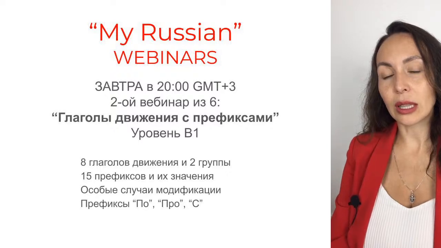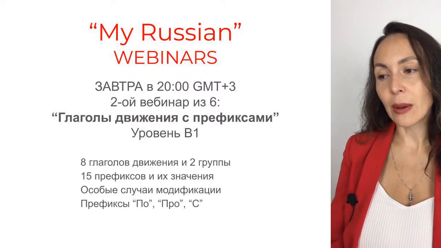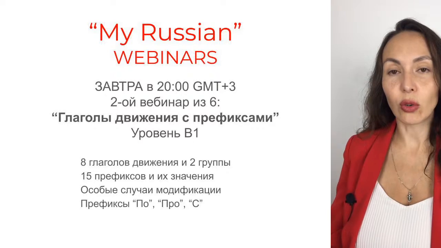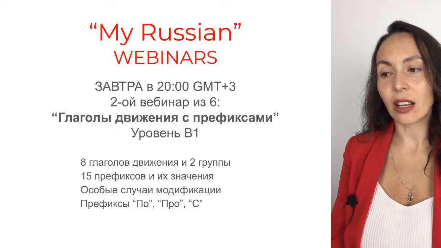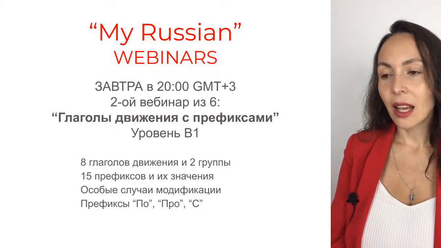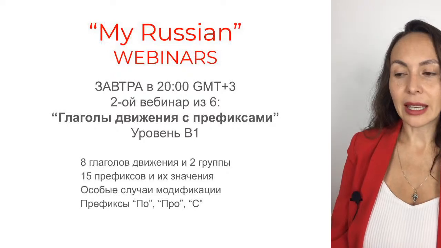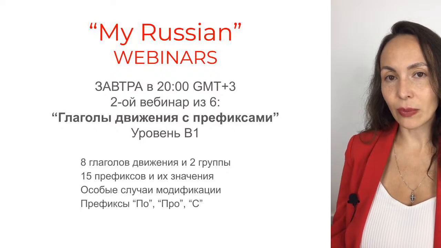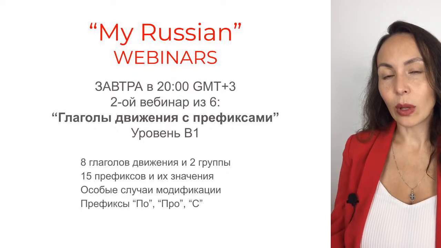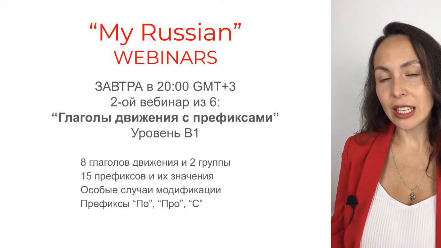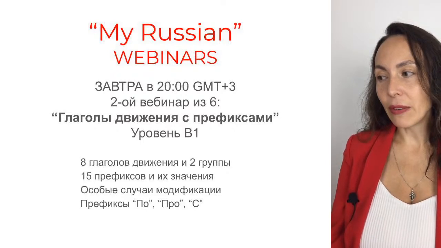We are going to discuss 8 verbs of motion, basic ones, with 2 groups. 15 prefixes and their characteristics, the meanings, then special cases of modification, like при плюс ездить will be приезжать. We change the spelling.